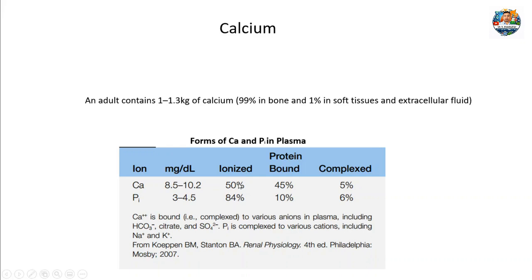Almost 50% of the calcium is in the ionized form, and another 50% is distributed among protein and other anions. Majority is bound to the proteins. But the overall concentration of plasma calcium will have impact on many other physiological processes.